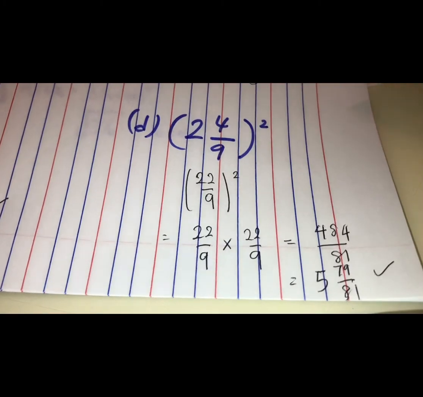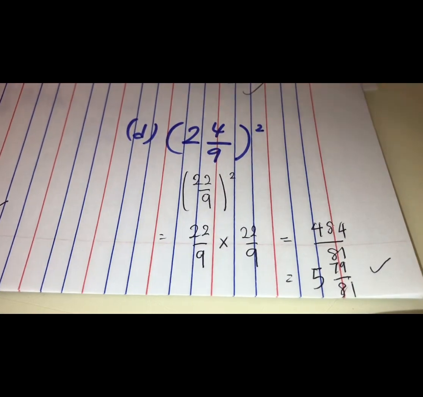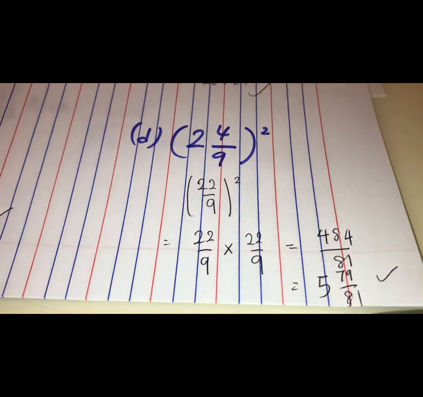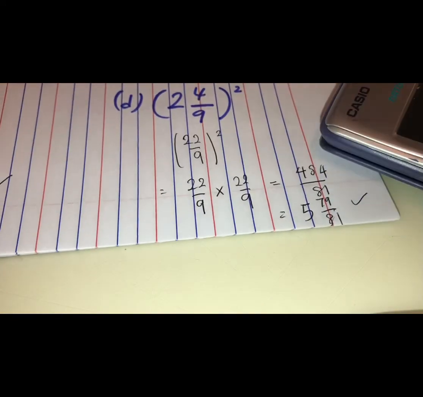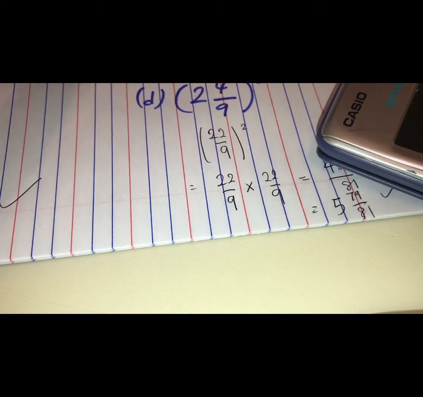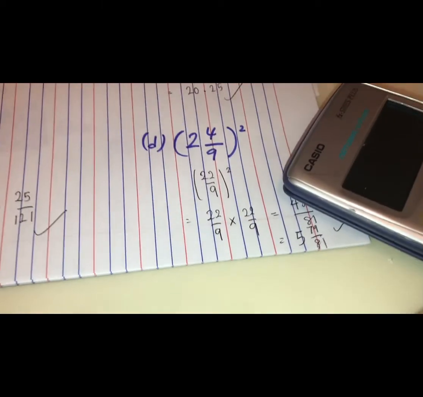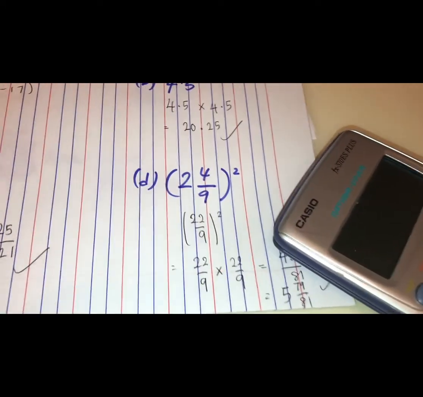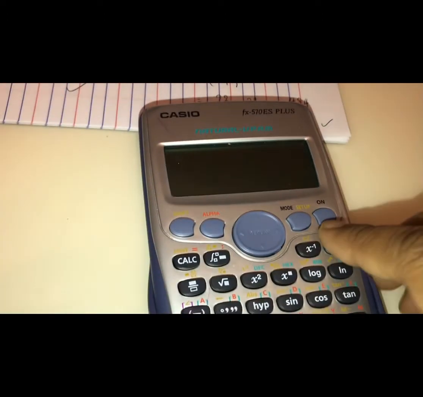You must write this working, but after that you can use the calculator to check your answer. How to press your calculator? You can press 22 over 9. Because in the previous chapter you already learned how to press the calculator, right? I show you an example. 22 over 9.